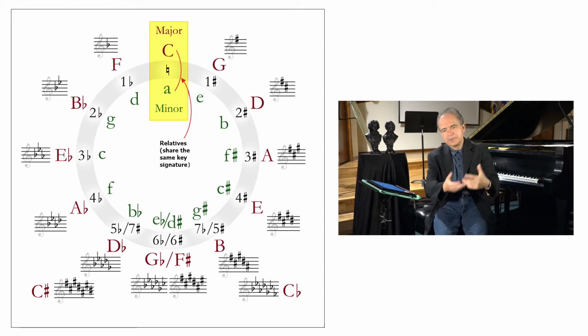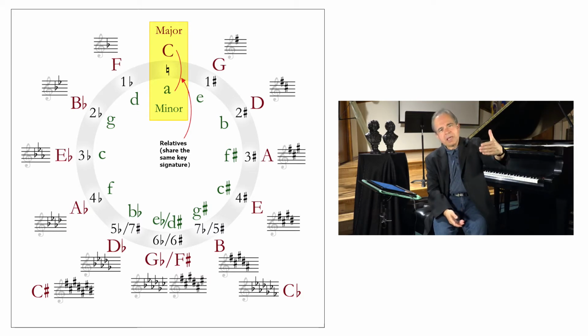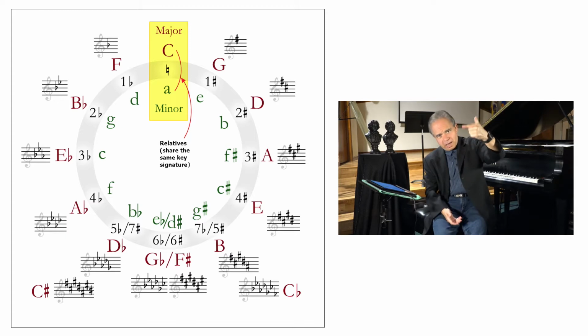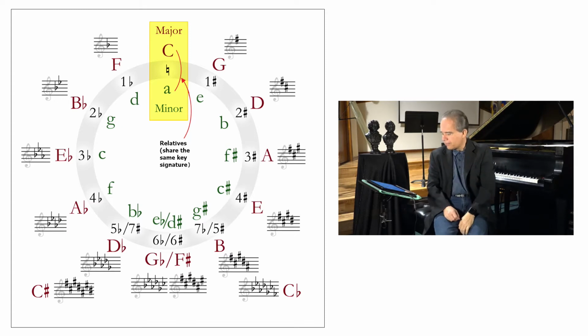So remember, this relationship of relative is always associated with major and minor keys, and always the interval of the minor third. If you know the major key, go down a minor third to find out your minor key. If you're given the minor key and you need to find out what the major key related to it is, you go up a minor third. All right, very good.